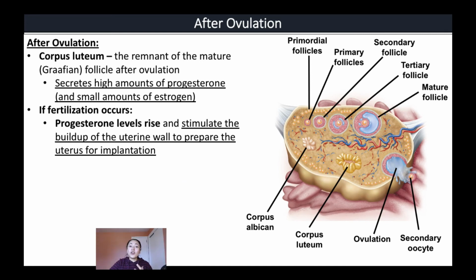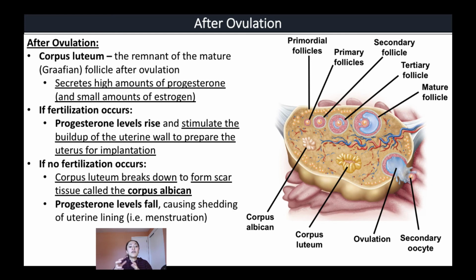However, if fertilization doesn't occur, which is more typical every month, then the secondary oocyte dies and the corpus luteum breaks down to form a little scar in the ovaries called the corpus albicans. Because the corpus luteum has degenerated, progesterone levels fall.